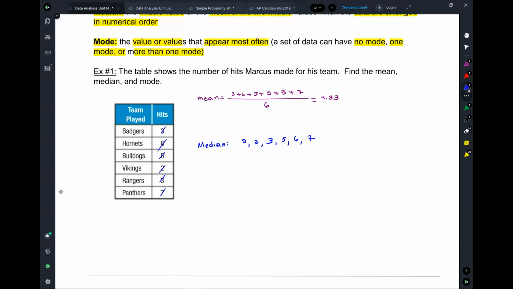And then afterwards, always count to make sure you got all of them. Okay, so is there a single middle value? No, because it's even. That means we take the average or the mean of these two, right? So 3 plus 5 over 2, 4.